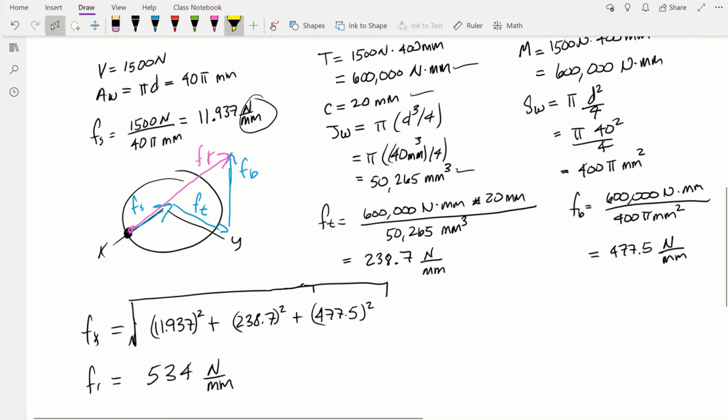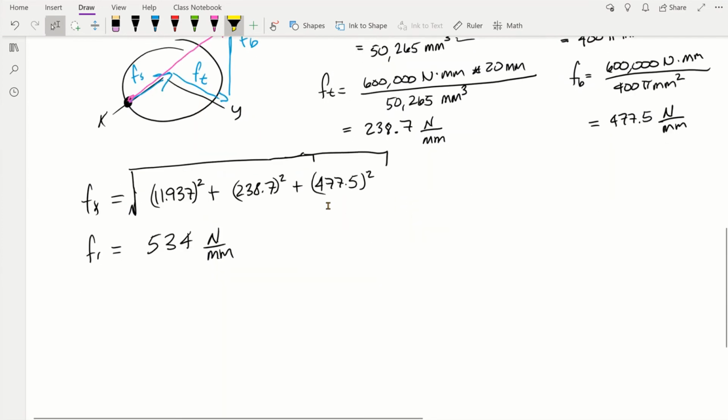So next, what we need to do is, once we have the resultant, we need to calculate the leg length. The formula for the leg length, which is H, is just the resultant force divided by the force allowable, right? So if you remember, the weld material used in this example was E60.